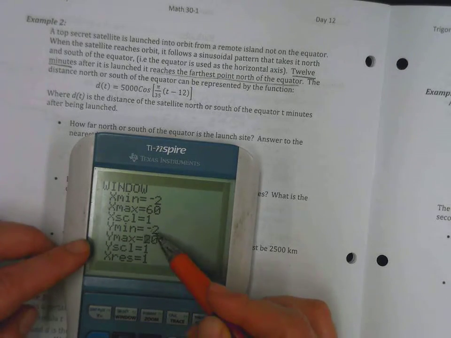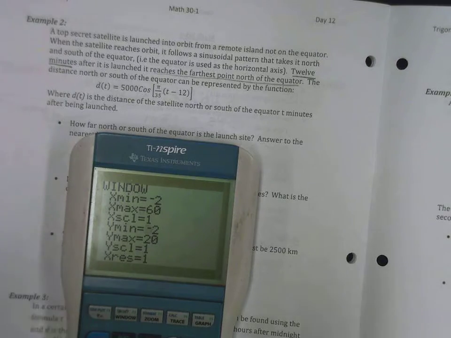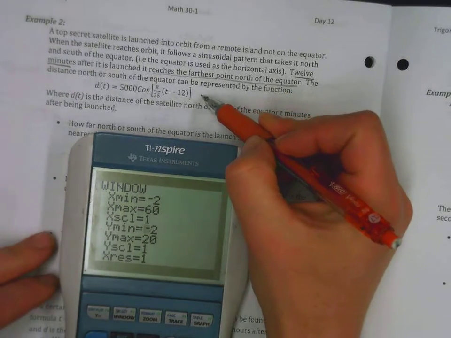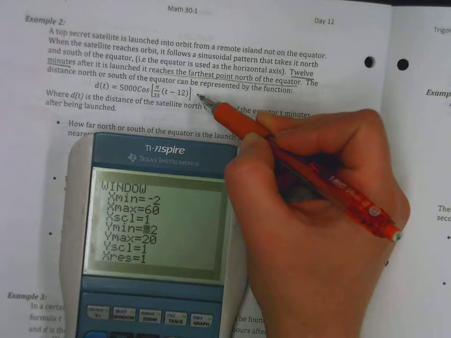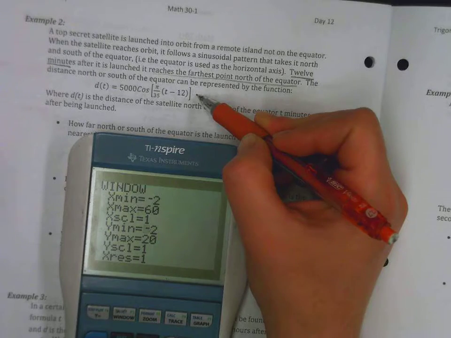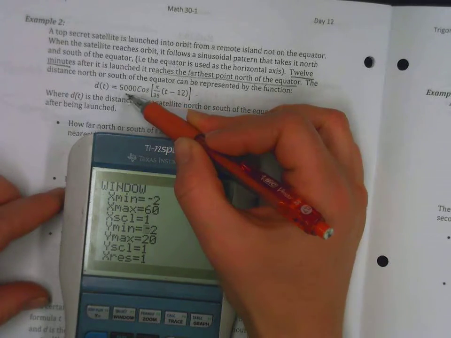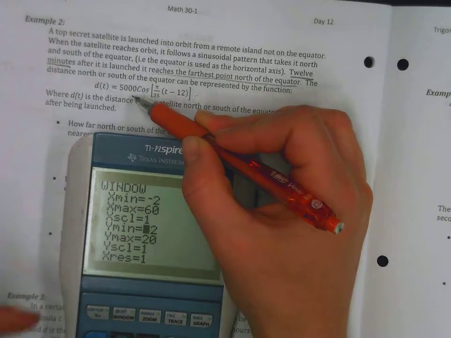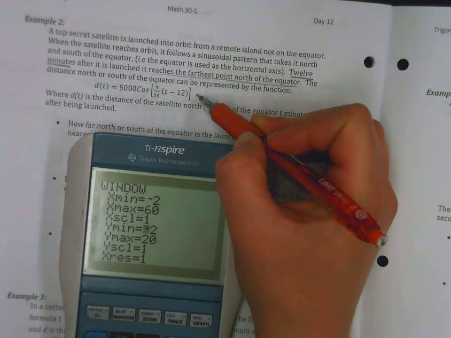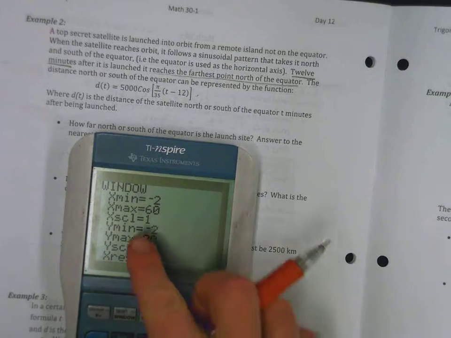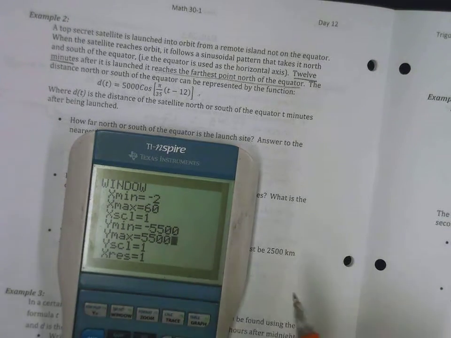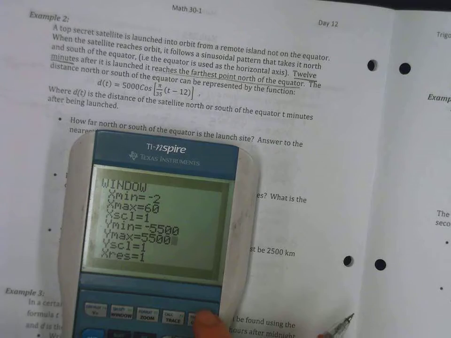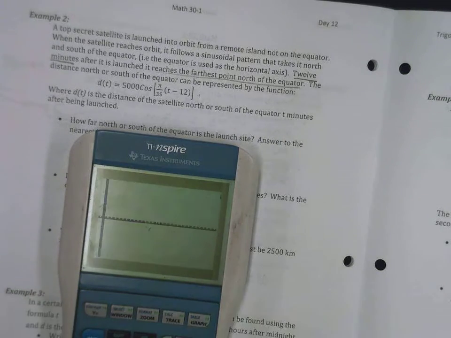And then my y maximum, if we think about the equator, the horizontal axis, there is no d value here, so the x-axis is going to represent the horizontal axis or the central axis. And then the amplitude is 5,000, so the graph is going to go 5,000 above that axis and 5,000 below it. So my y minimum has to be at least 5,000. So I'm going to go to 5,500. And then same with my maximum. So my min and max have to be fairly big values. Again, you need to be in radian mode.